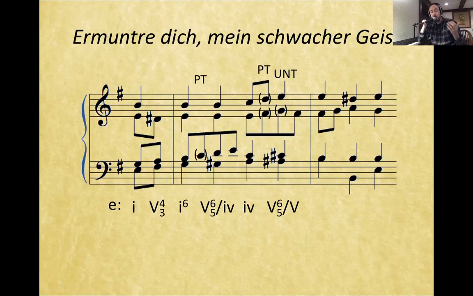Well, we're pointing to B here, right? C is natural in E minor, but we're not pointing to E minor here. This is a 5 of 5. It's a 5 of B, right? And in the key of B, whether it's major or minor, there is a C sharp, right?